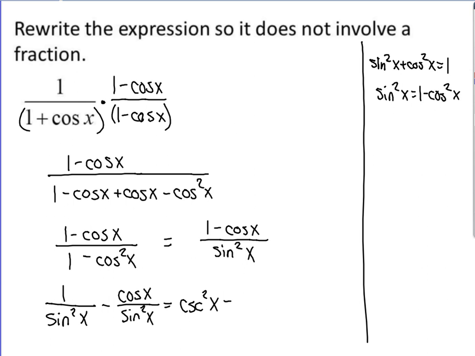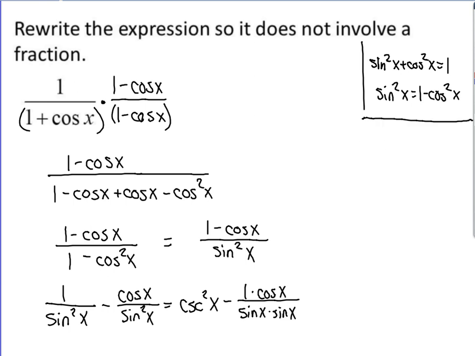Now we can rearrange cosine of x over sine squared to be 1 times the cosine of x times the sine of x times the sine of x, because sine squared is just sine times sine. So if we rewrite that again, we have cosecant squared of x minus, we can split that fraction into two parts again.